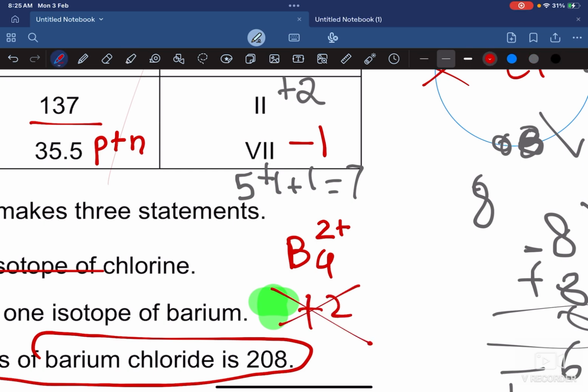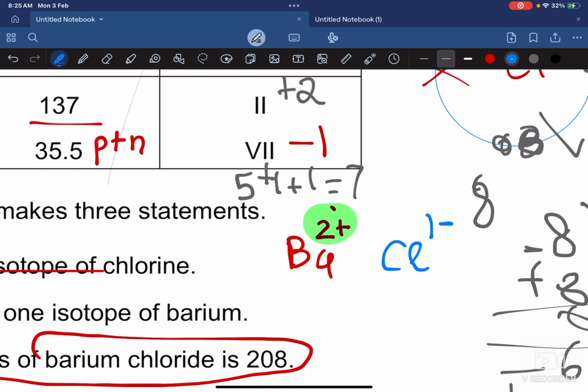You always write 2 plus. That's how you write your oxidation states. Oxidation state is simply this number. Together we know that our barium is 2 plus and our chlorine is 1 negative. That's the charge on chlorine.